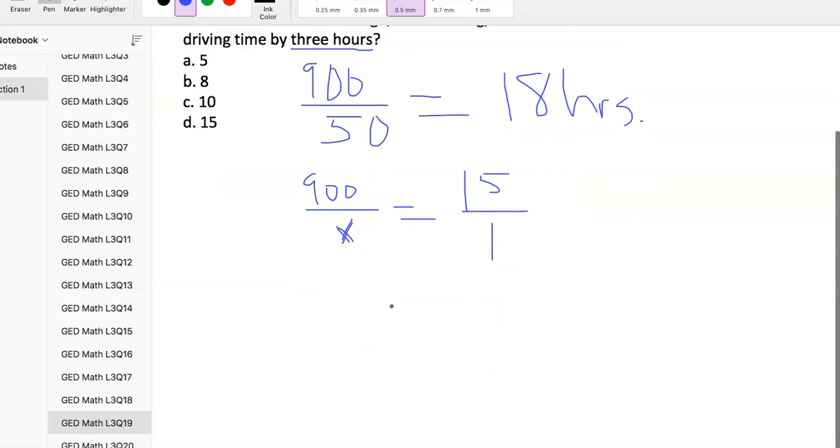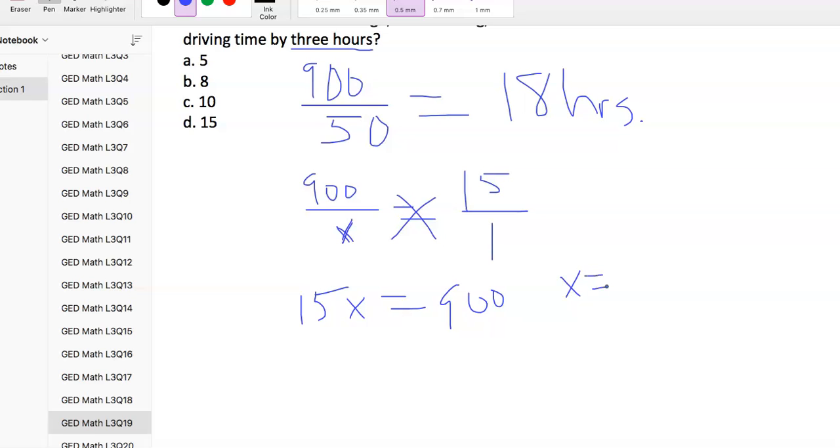Okay. And then if I go ahead and cross multiply these, 15 times X is 15X. 900 times 1 is 900. 15X equals 900. And if I divide 900 by 15, I get 60.